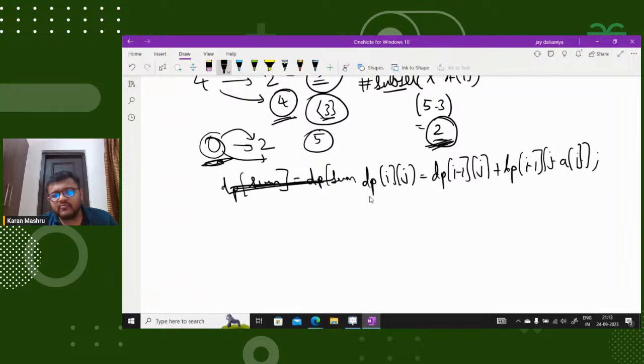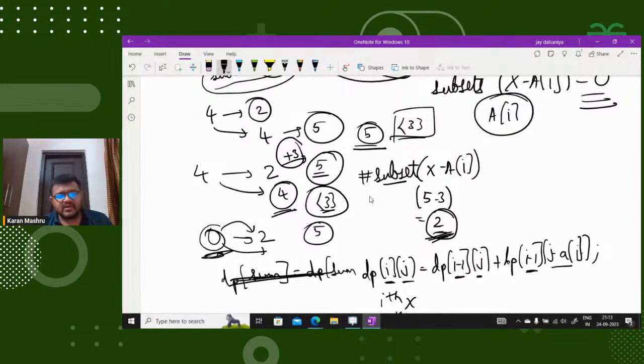Okay, what does this mean? Number of subsets considering the first i elements whose sum is j is equal to the number of subsets considering the first i minus 1 elements whose sum is j if we do not consider the ith element, and the number of subsets considering the first i minus 1 elements whose sum is j minus a of i if we consider the ith element, right? So that is what I'm trying to explain here.